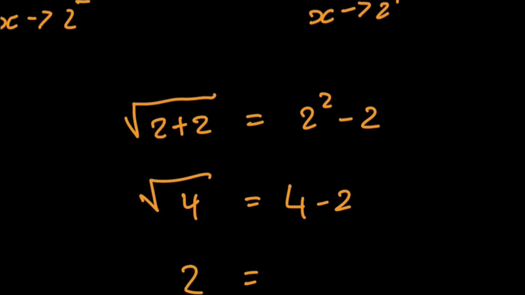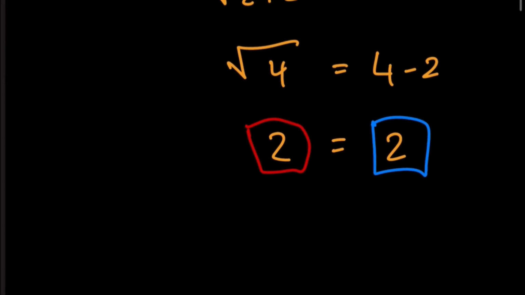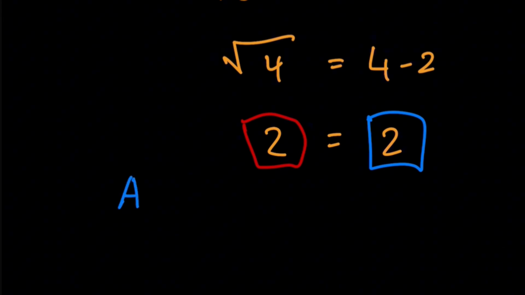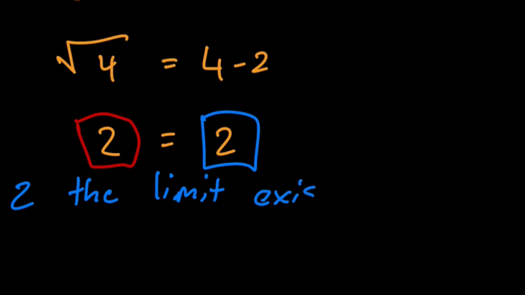This is 2. And this is 2. And we can see that the left hand side and the right hand side are equal, which means we can say therefore at 2 the limit exists.